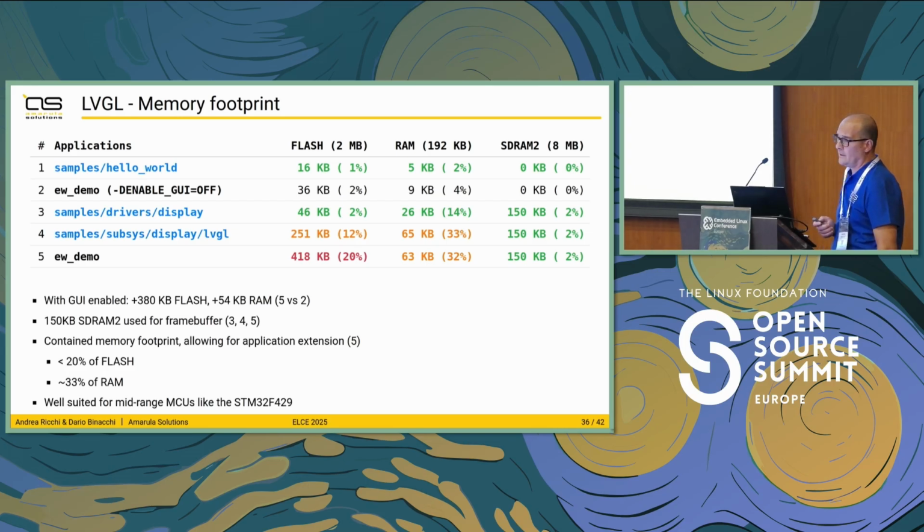We can see that in all the cases including the UI, the SDRAM usage for the frame buffer is always the same. And more in general, that the memory footprint stays small, even in the most demanding cases, showing that the library is a good choice for the mid-range platform, like the one we used for our application.